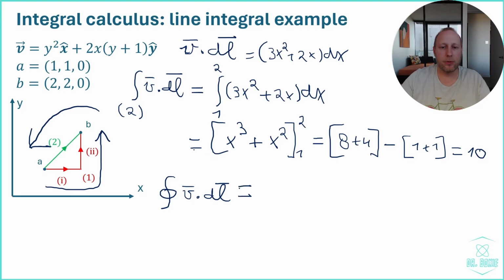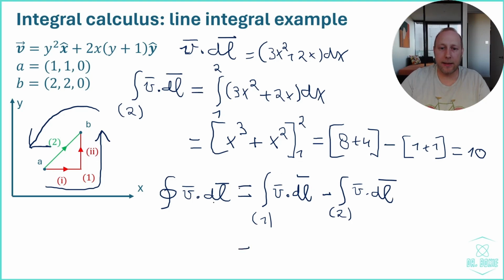So that means that we need to calculate the line integral along path 1 of v dot dl minus the line integral along path 2 of v dot dl. And we calculated already these two. The first one gave us 11, minus the second one gave us 10. And so we find that the closed line integral for this function along this specific closed curve gives us a value of 1. So this is how to calculate the line integral of some vector field.